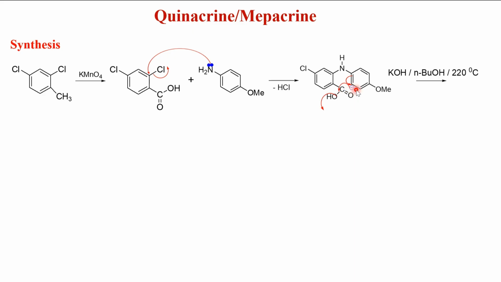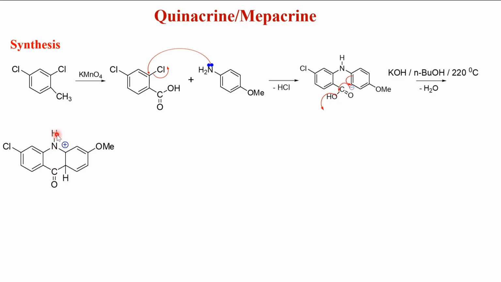A bond is formed between these two carbons and then OH gets kicked off. As we are heating it very strongly at 220 degrees centigrade, dehydration occurs. As dehydration occurs, cyclization also occurs simultaneously. It's a dehydrocyclization reaction.